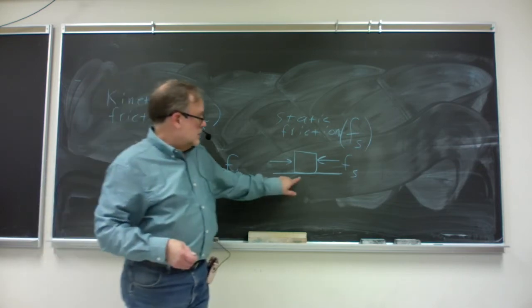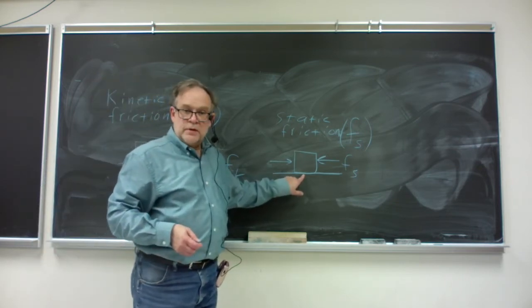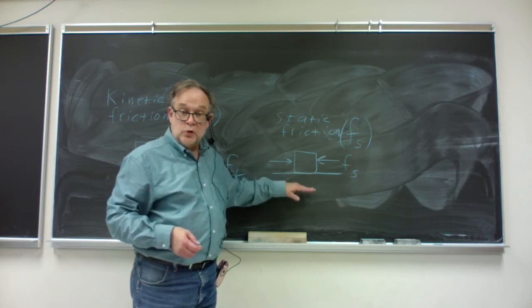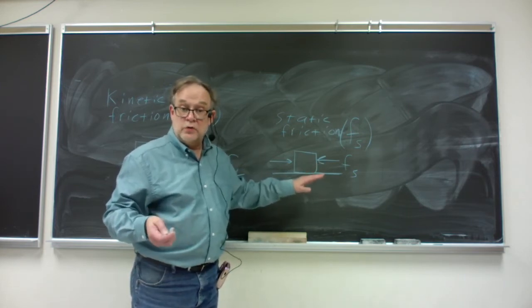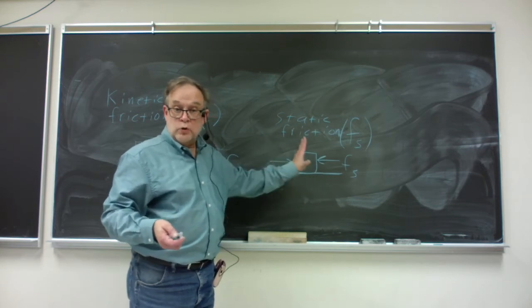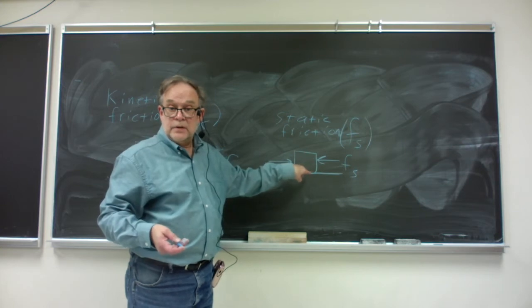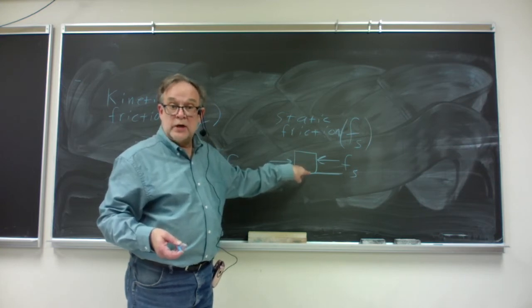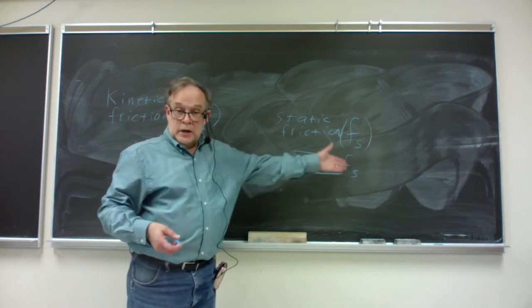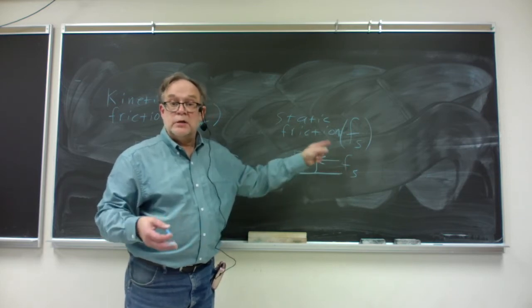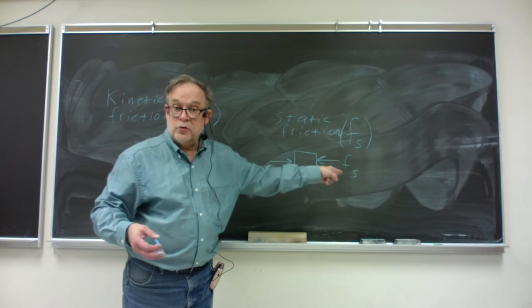When there's static friction, the adhesive bonds between the bottom of the crate and the top of the floor are strong enough that your push can't break those bonds. The box stays stuck in place. And of course, as we know from trying to push heavy things, there's a limit to how strong this static friction force can be.